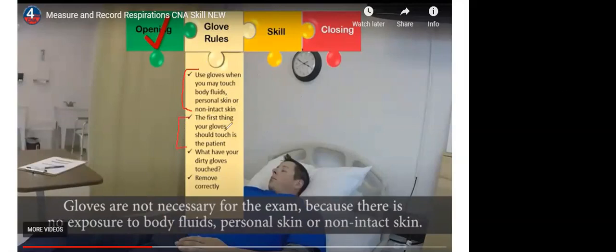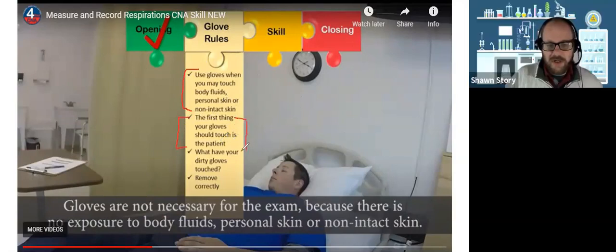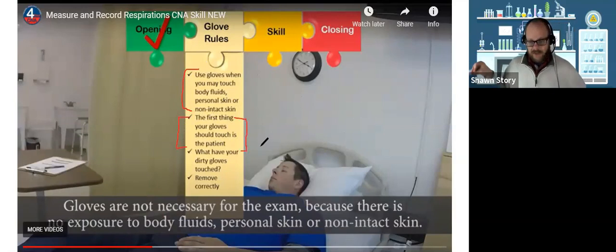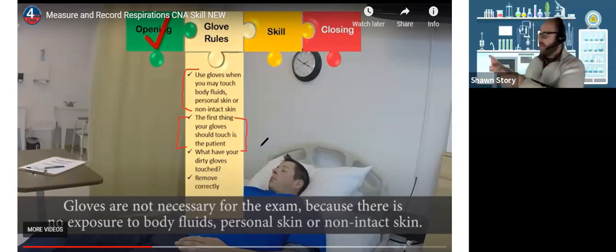The first thing your gloves should touch is the patient. Yep. So when you're putting on gloves, make sure that we're not touching other things. You put on gloves and then I'm touching the patient first. I'm not going to go over here and touch this and grab these things. You do all that before, in the opening: washing your hands, grabbing your supplies, and then you put the gloves on.